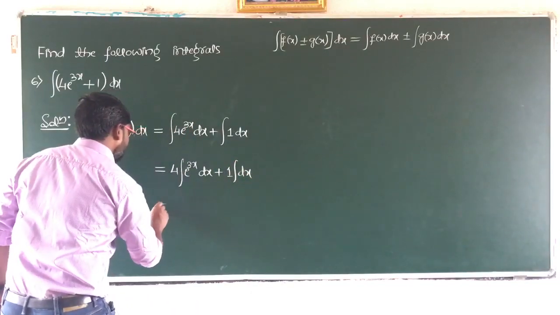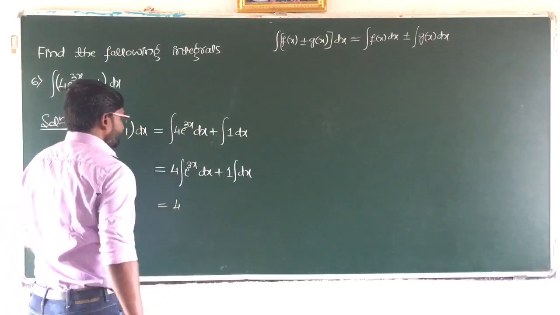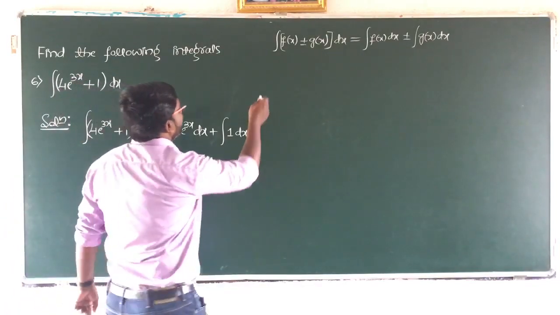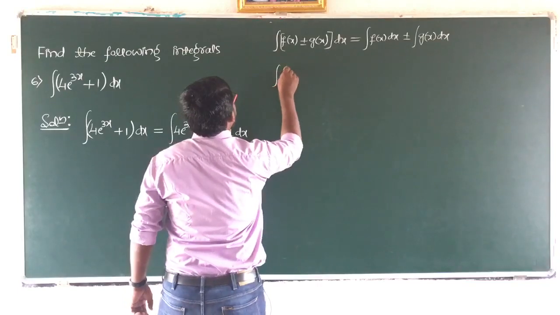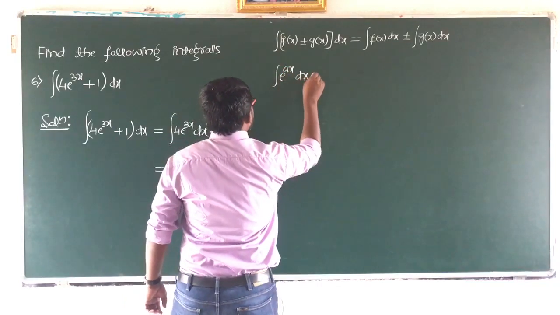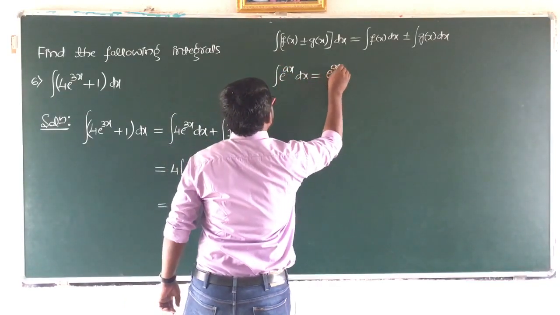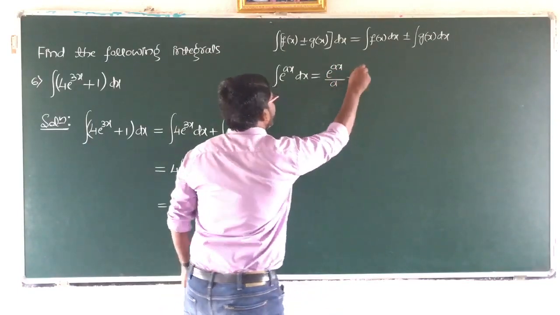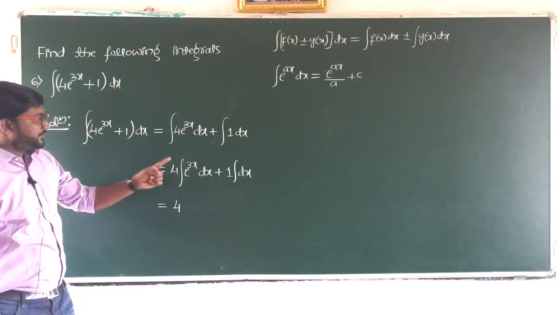Now 4 write it as it is. What is the integration of e power 3x? We have the formula: integral of e raised to ax dx equals e power ax divided by a plus c. We have to make use of that formula now.